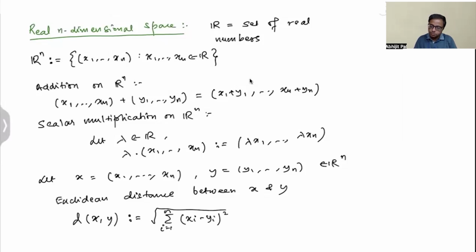This gives you the distance between x and y, where x and y are vectors in Rn.